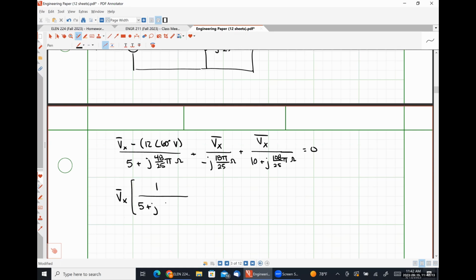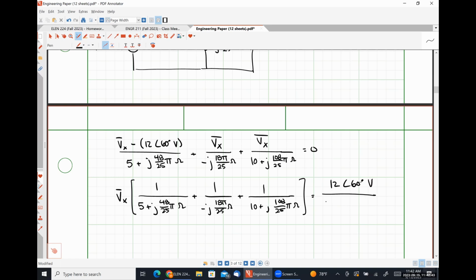Five plus J 5 pi ohms, pi over 25 ohms plus 1 over 10 plus J 108 over 25 pi ohm is equal to 12 over 6 divided by 5 plus J 48 over 25 pi.